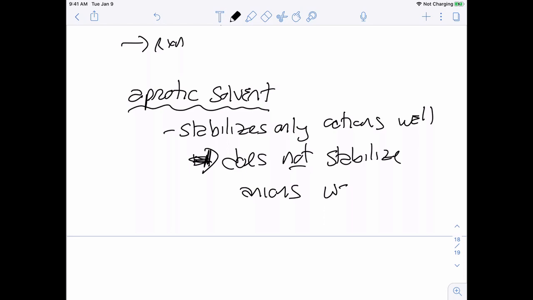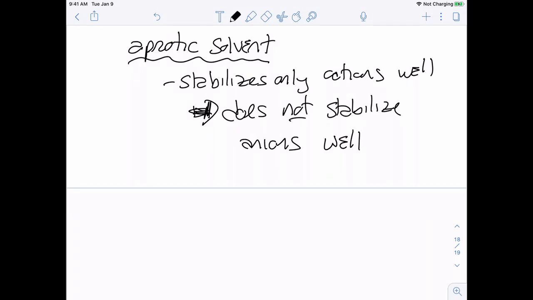Remember, the anion in this case is our nucleophile, right? If I'm looking at an SN2 reaction, I have a charged nucleophile. It has a negative charge.